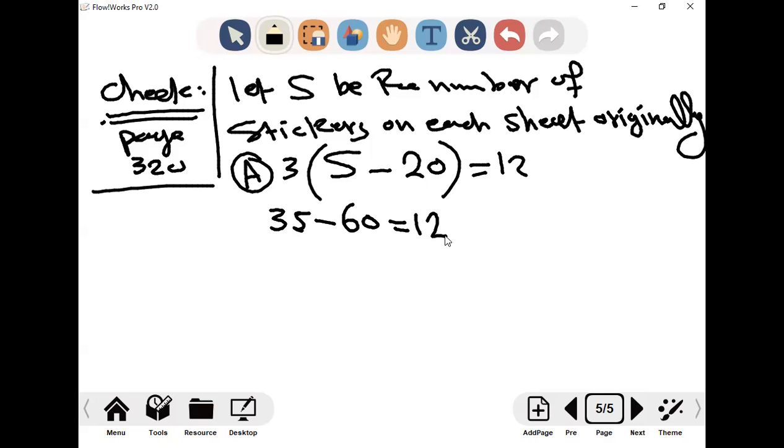Then how do we solve this equation? 3S minus 60 equal 12. What will I do now? Do you know?